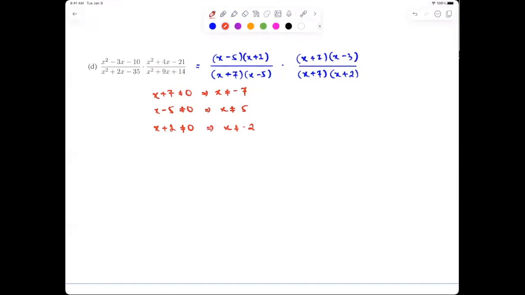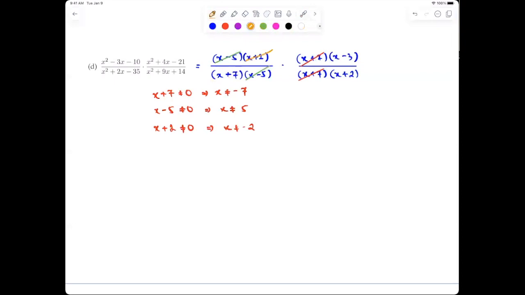Next step is cancellation. So x plus 7 cancel out. Right. For this one, you can cancel this x plus 7 with this x plus 7, or this x plus 7 with this x plus 7. You follow the idea, got it? It's the same thing. Now x minus 5 cancel out.